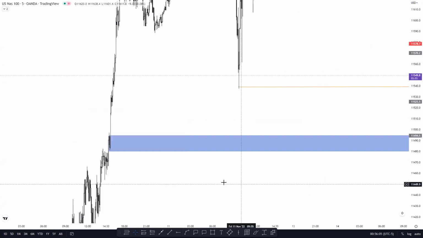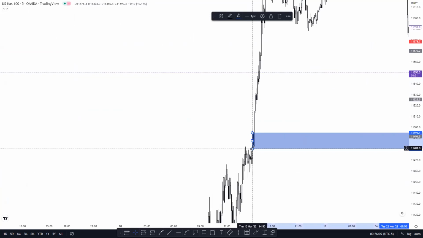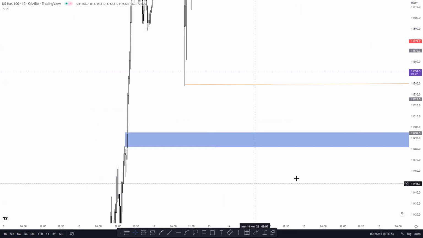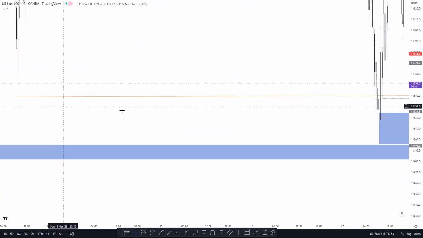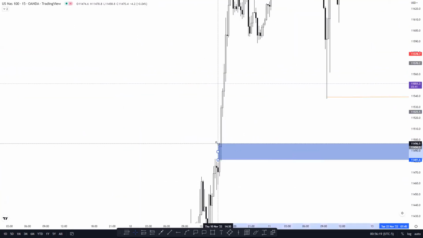I was expecting this Nasdaq to come at least in here, to mitigate this zone.